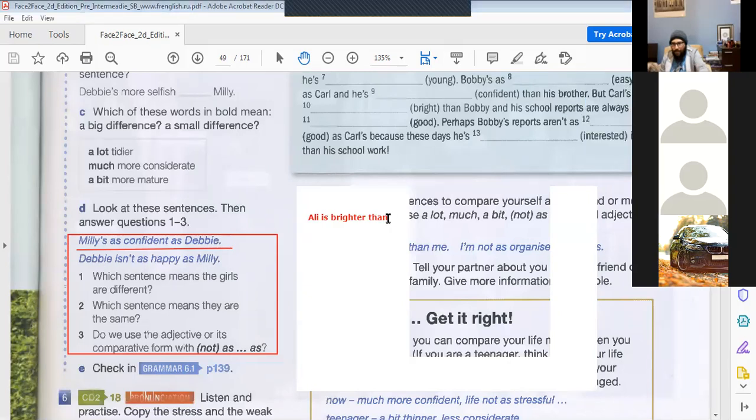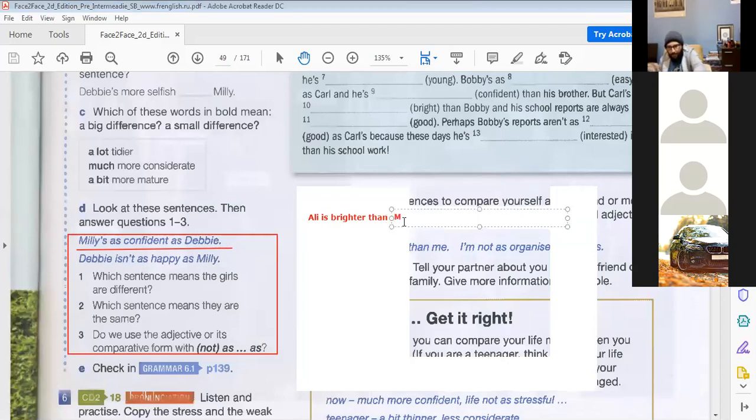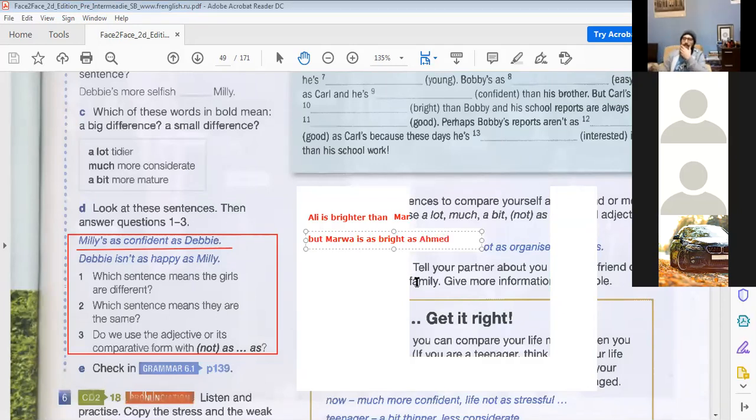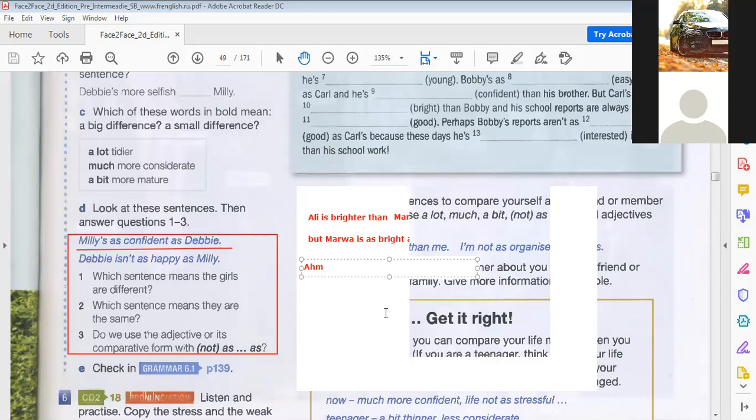So for example, Ali is brighter than Marwa, but Marwa is as bright as Ahmed. Okay, and let's add another one. And Ahmed isn't as bright as Ali. Okay, isn't as bright as Ali.